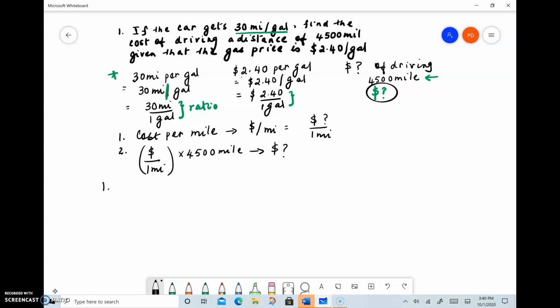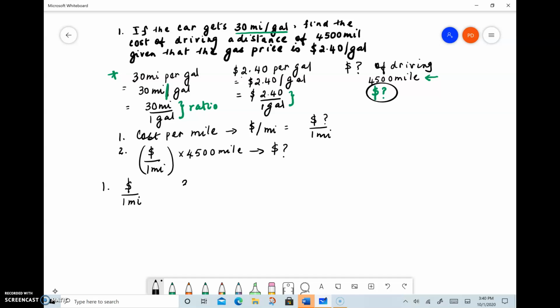So in the first step, we need to find the cost, which is in dollars, per 1 mile. So we need the dollar amount to be in the numerator and the miles, which is the unit of distance, to be in the denominator. So let's see what we can use.